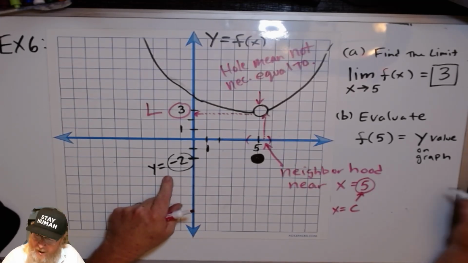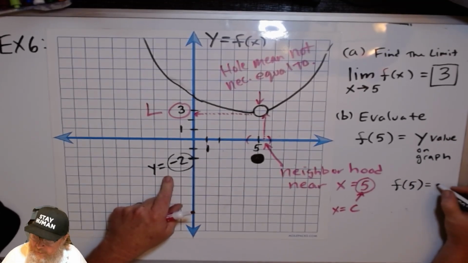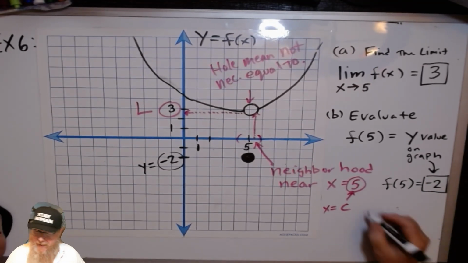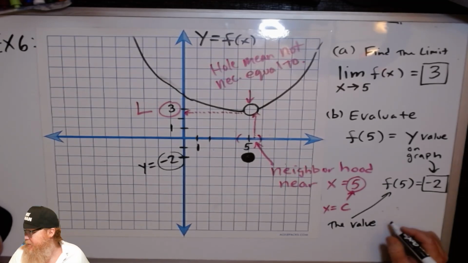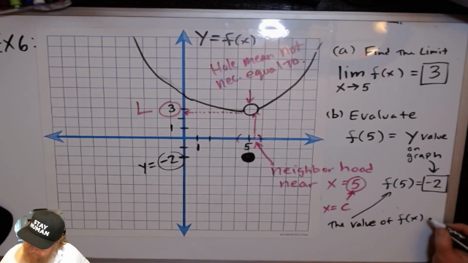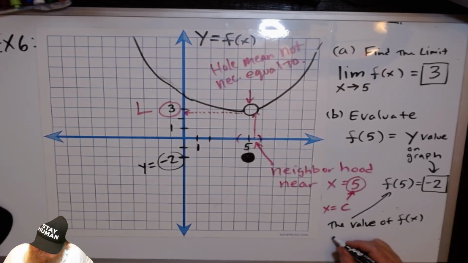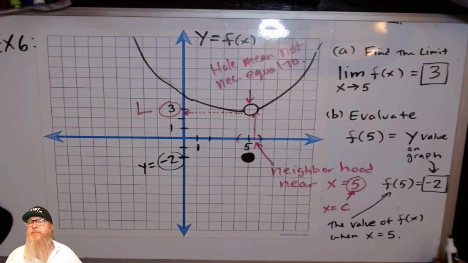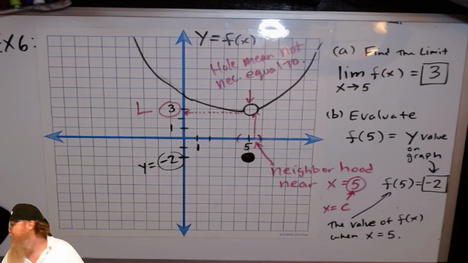So f of 5 is equal to negative 2. That's the value of f of x, or y, when x equals 5. And that's the basic idea, the intuitive idea of how to calculate a limit.